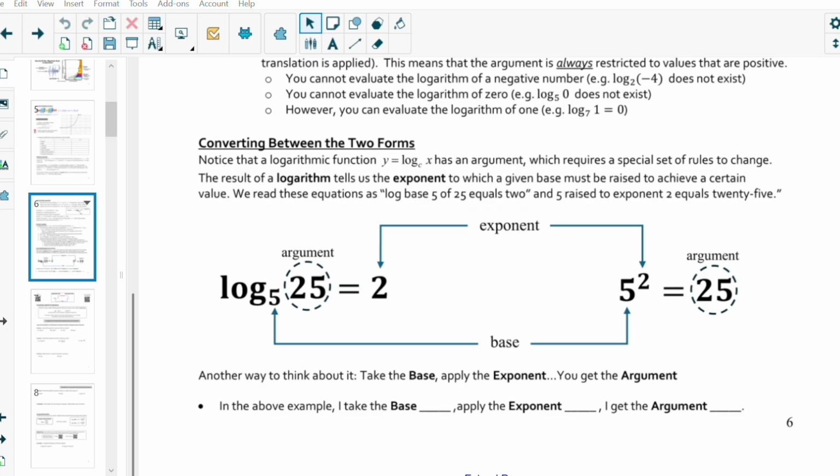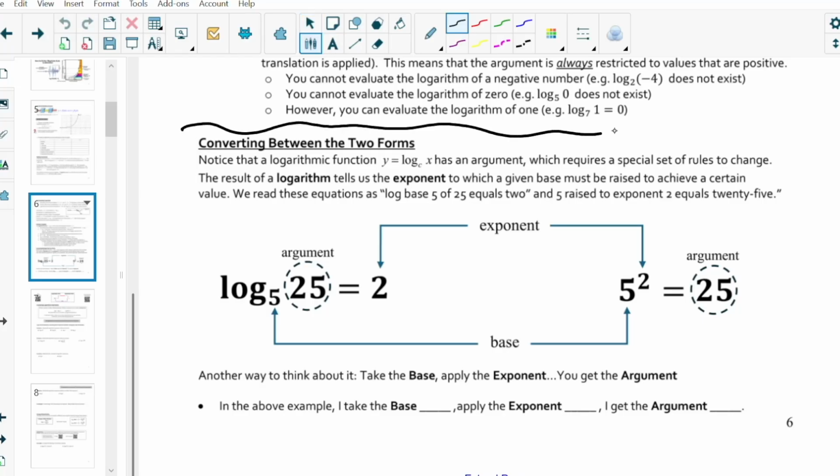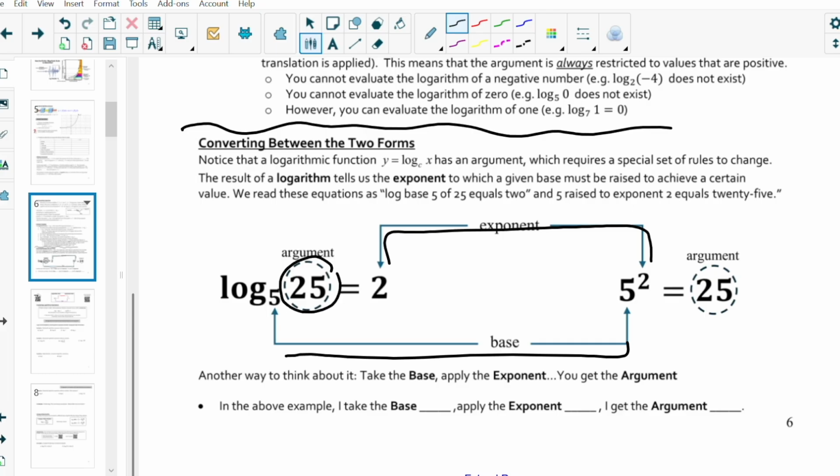Hey folks, we're going to continue this last part here when we're converting between two forms. The base is the base, the exponent is the exponent. See the commonalities, the argument's the argument.